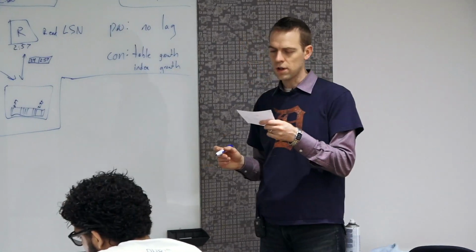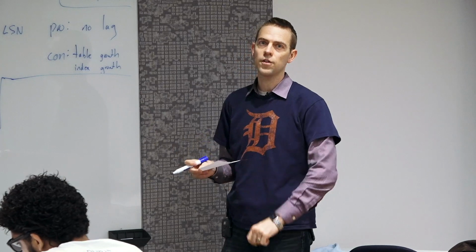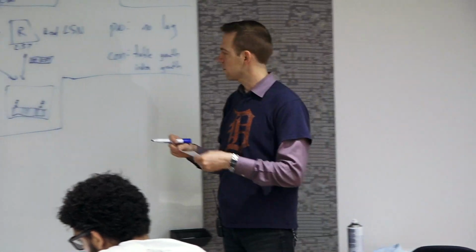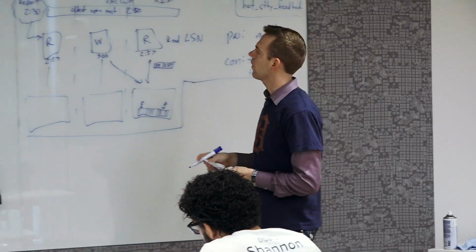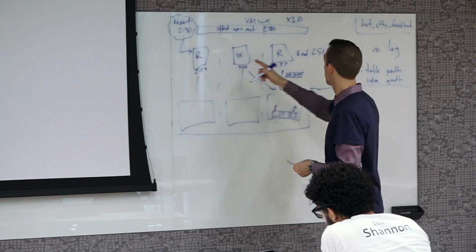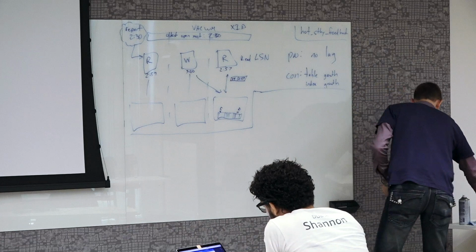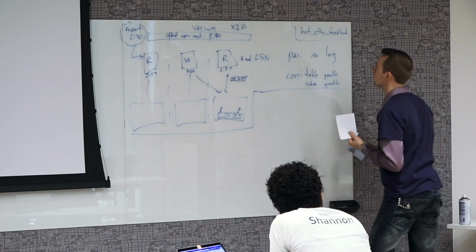So what does cause replica lag? Well, the first thing is something called hard conflicts. So what's a hard conflict? Back up here, I've got my reader and I've got my writer. Let's say I'm over on this reader on the right this time.